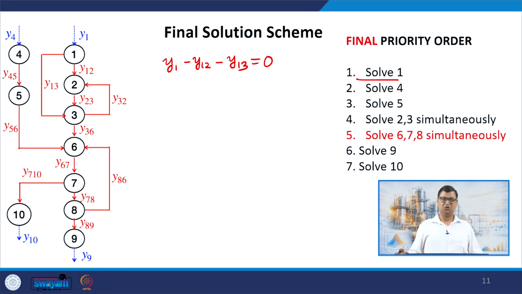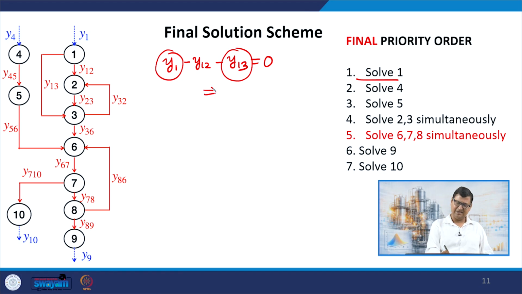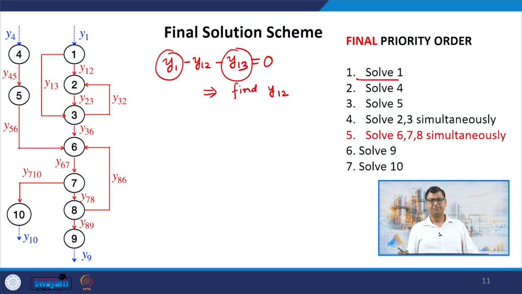So, I need to know at least 2 of these, right. Let us demand, for example, that y1 is known to me, which is the input anyway. Input is very intuitive to be known, and y13 is also known, that is the bypass. I should know the fraction of bypass, and then this will give me my y12.